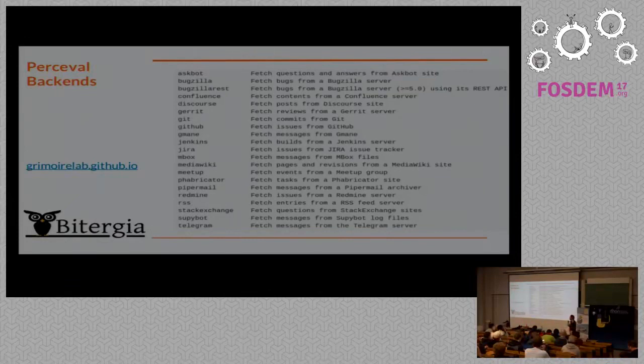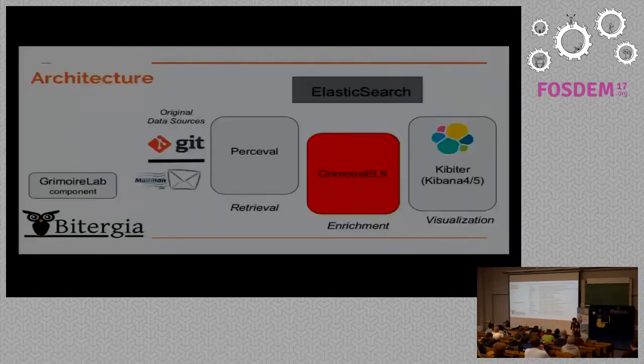Perceval has a pluggable structure where it's very easy to incorporate that, even if you don't want to contribute upstream. But of course, we are more than happy to get your contribution if you want to produce a new backend for something. For instance, I have a backend for GitLab, which is still not here, but it took me like, I don't know, 2 afternoons to write.